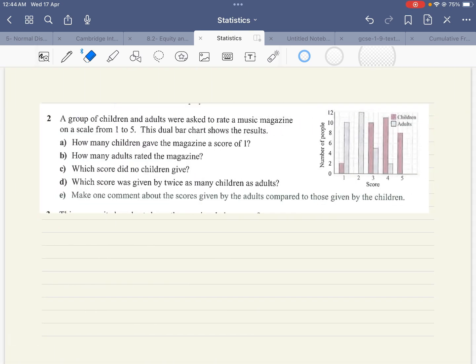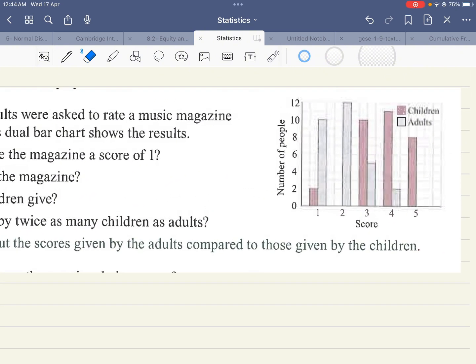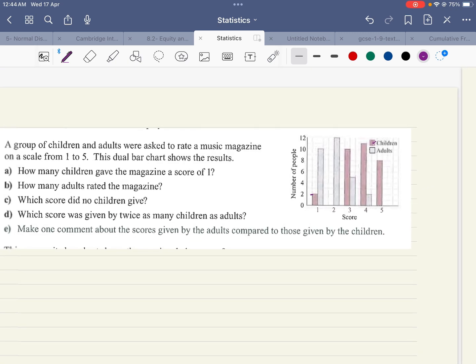A group of children and adults were asked to rate a music magazine on a scale of 1 to 5. This dual bar chart shows the results. How many children gave the magazine a score of 1? You have to just look at children. Children is pink. 2 children gave the magazine a score of 1.